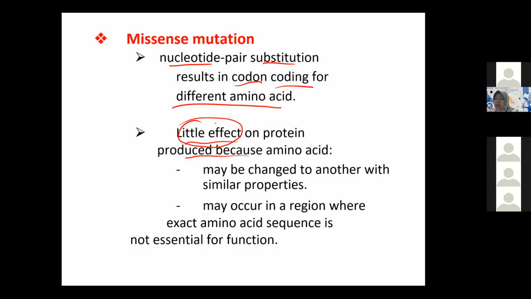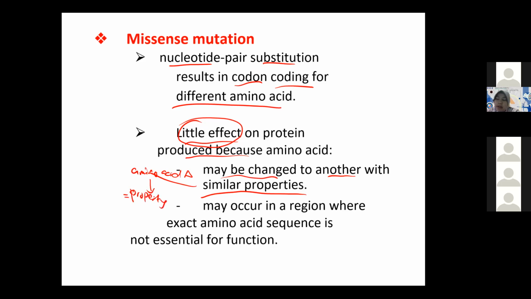A little effect on the protein produced because the amino acid may be changed to another amino acid, but with similar properties. Do you understand what that means? It means the amino acid changes, but the amino acid has the same property.